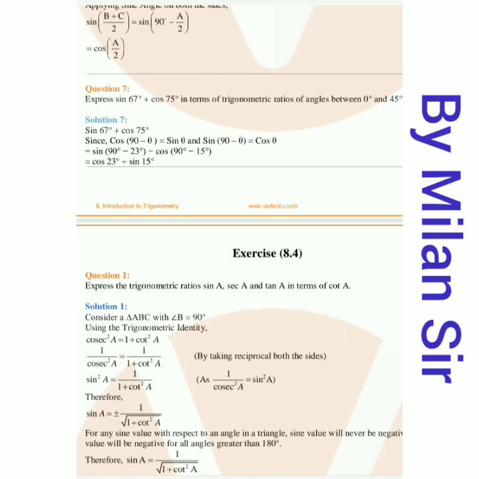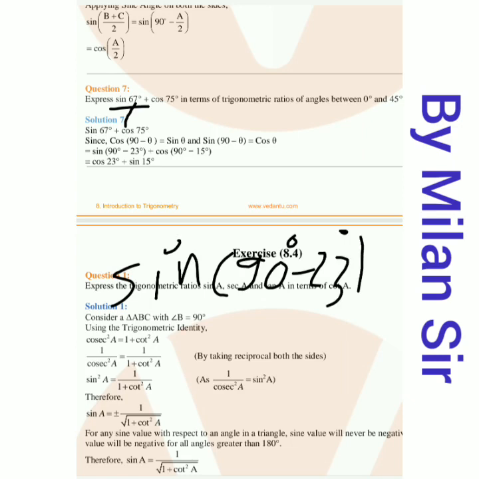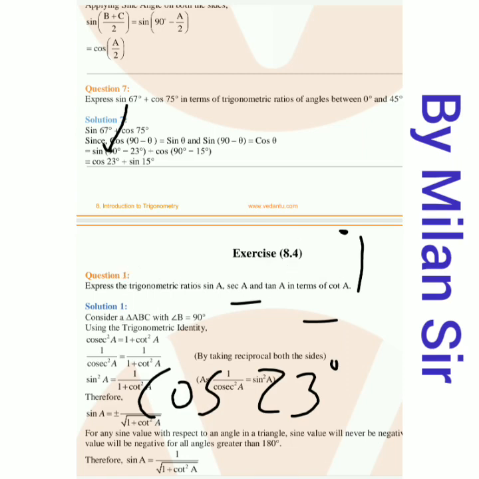In place of 67 I can write sin (90 minus 23), because 90 minus 23 is equal to 67. Again this is the form of sin (90 minus theta), so I can write cos 23. So my answer for the first term is cos 23, and it is converted into 0 to 45 because 23 lies between 0 and 45.